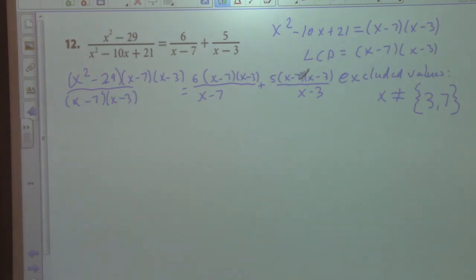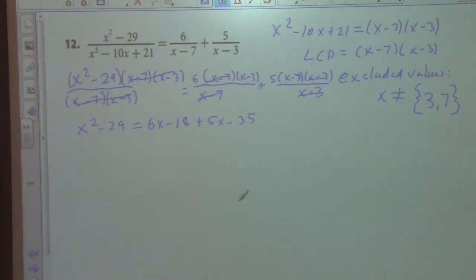And then I canceled out whatever it was. You canceled out whatever you could, okay, like this, and this here. Yep. And then I got x squared minus 29 equals 6, x minus something, 18 plus 5x minus 35.